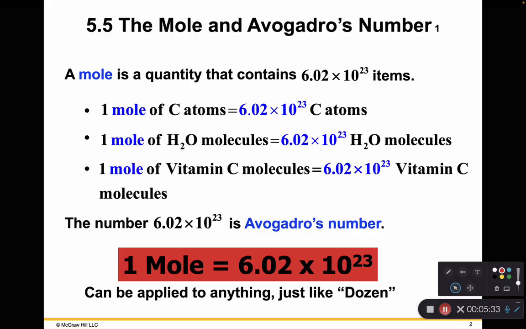This is not the animal, the creature mole, but it is a quantity that we use in chemistry. So what do we understand by a mole? A mole is a quantity that contains 6.02 times 10 to the power 23 atoms. You might be thinking, why are we studying about the mole?